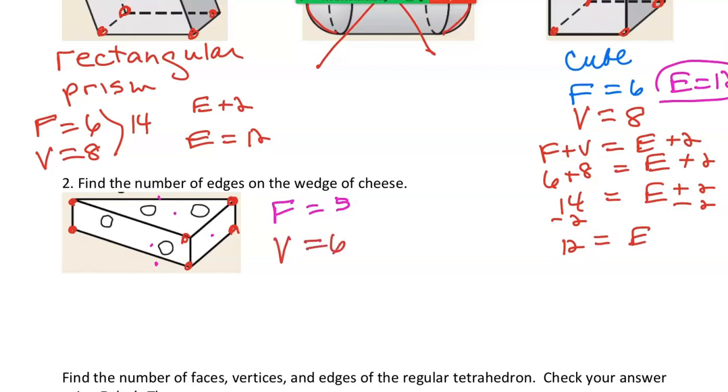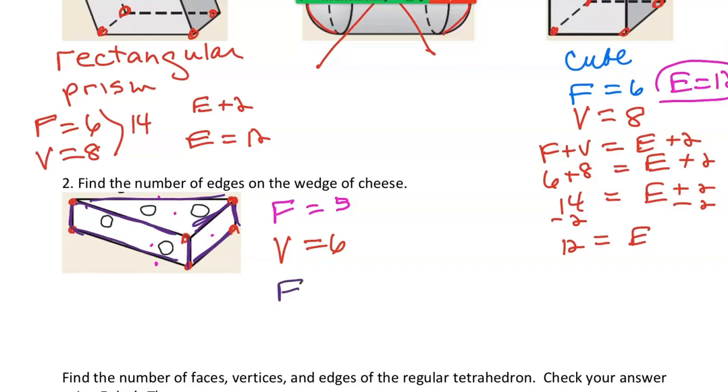Okay, now we probably could count these edges. So let me make these edges purple. Here's an edge. This is 1, 2. This is 3. This is 4, 5, 6, 7, 8, and there's one more down below, and that is going to make 9.